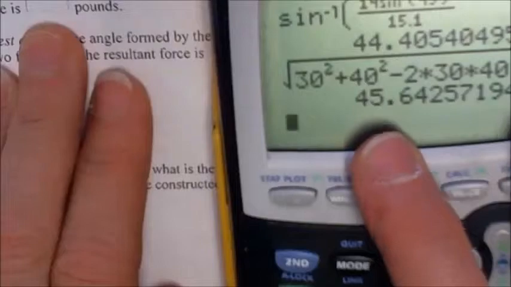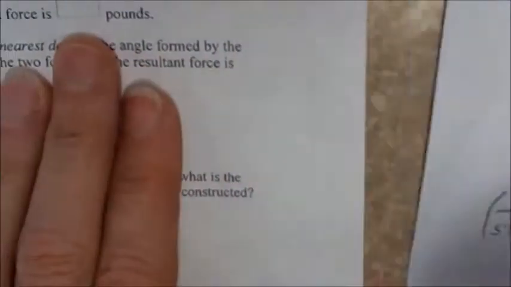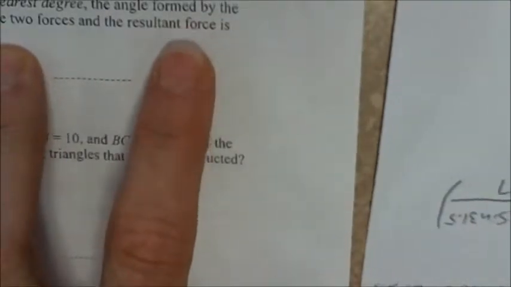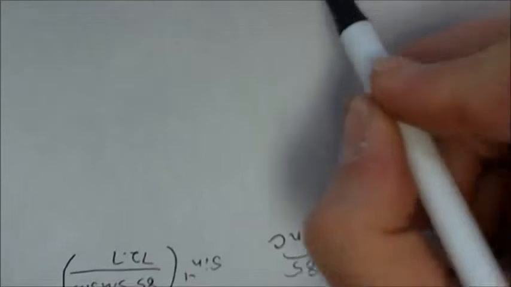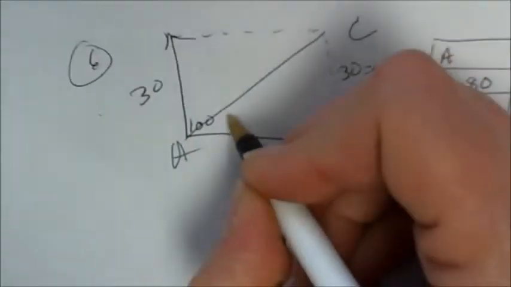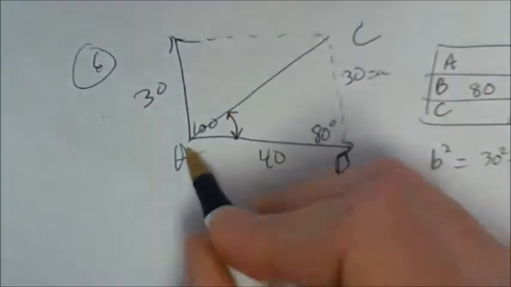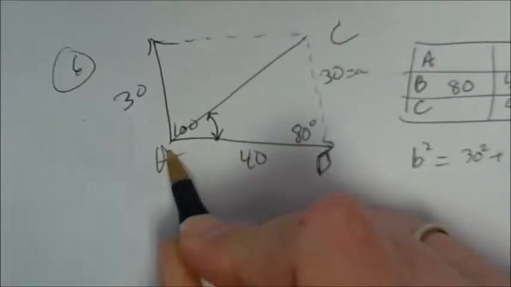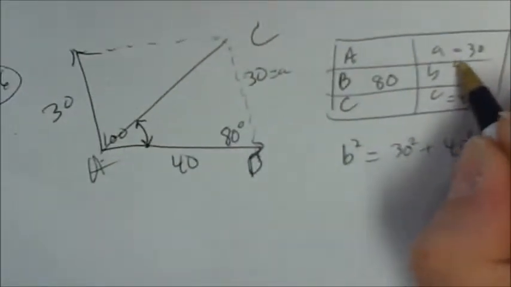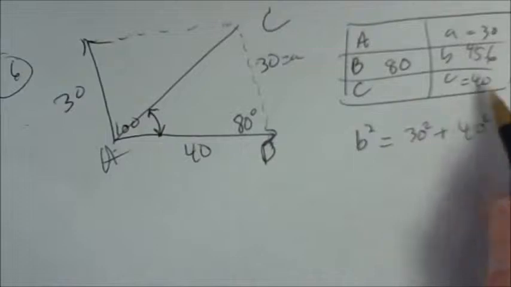How do they want us to round it? To the nearest tenth of a pound, so 45.6. And to the nearest degree, the angle formed by the greater of the two forces. So the greater of the two is the 40. With the resultant, they want to know what this angle is, which is angle A. But we've just filled this in with a 45.6.